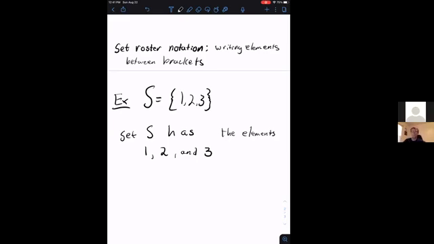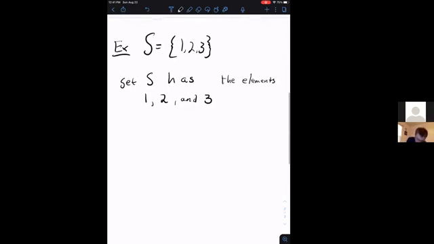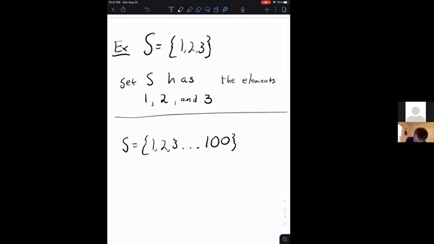So if we're describing a large set, it's okay to do something like this: 1, 2, 3. We can do ellipses. Okay, these are called ellipses. Oh, and I spelled that wrong.